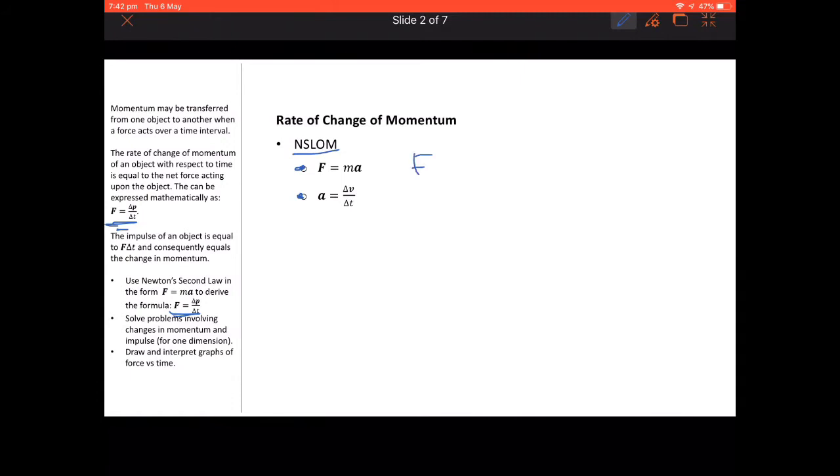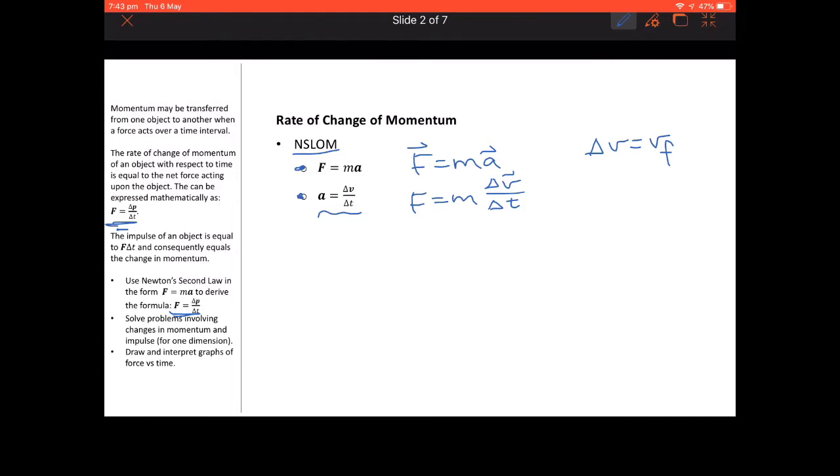I'm going to go from F equals mass times acceleration to F equals mass times change in velocity divided by change in time. So here, we're just subbing in the equation for acceleration.